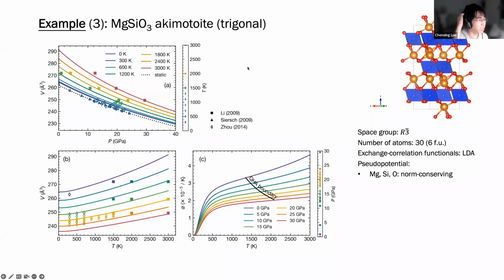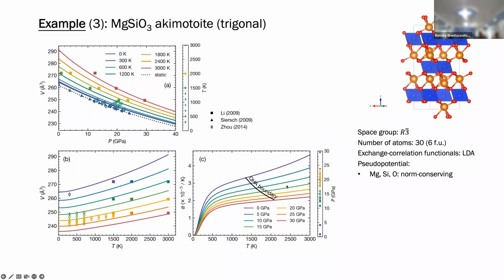And the last one is akimotoite, where we have this relationship. This is the equilibrium states, and this is the dioxide.